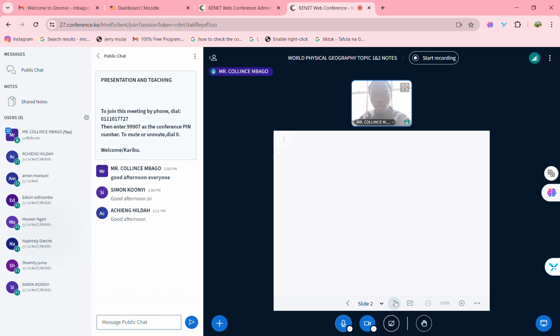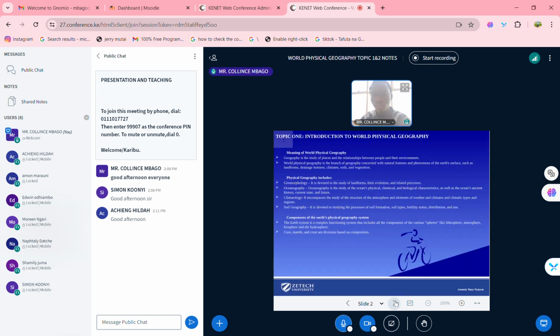We are going to look at the definition of geography. We are going to know what World Physical Geography is, what physical geography entails, and the components.